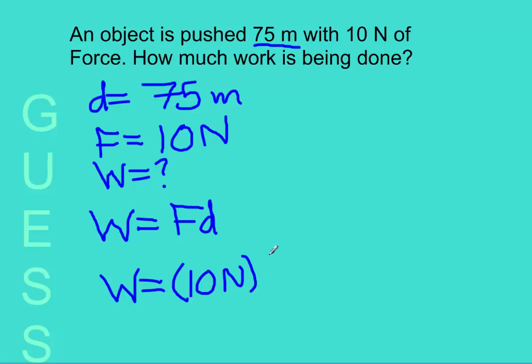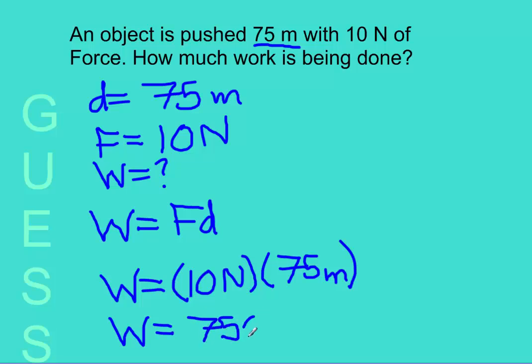So that's the force, and the distance is 75 meters. Notice that I always include the units when I write it. And then we do work is equal to 750 newtons times meters is a Newton meter, but we also know that that could be referred to as 750 joules.